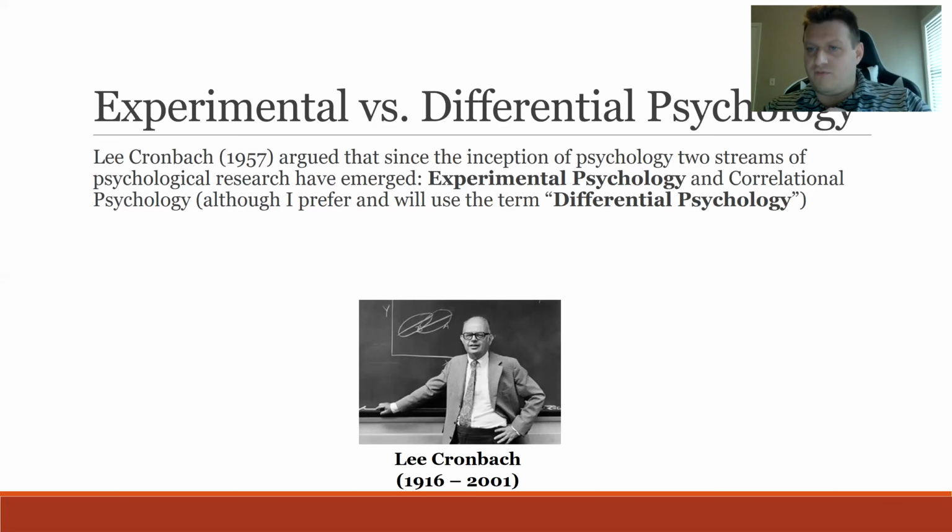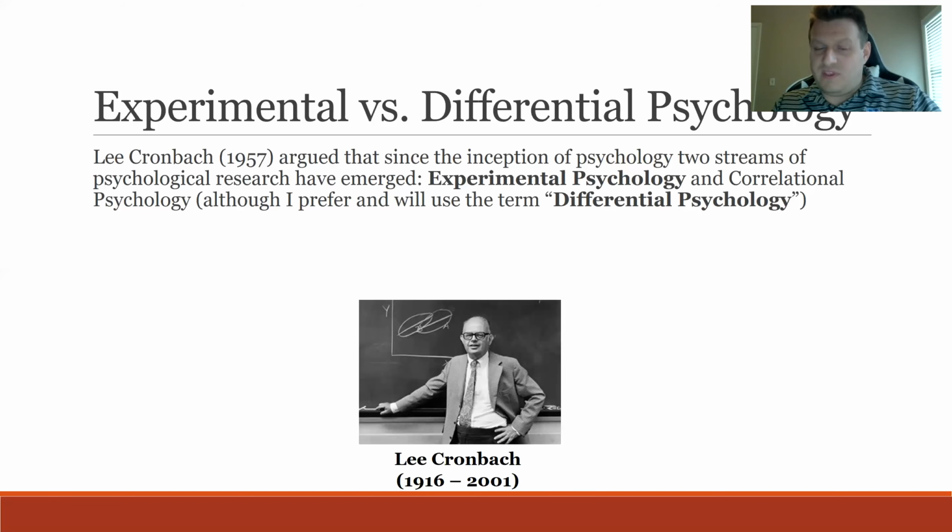And he was finding that in the early days of psychology, those two were combined. Everybody learned the same kinds of methodology. Everyone communicated with one another. But as psychology was growing, the two different disciplines became more fractionated. And he wanted to elaborate that this is a problem, and that to be well-versed in psychology, you have to know both about experimental methodologies, experimental results, and differential results and methodologies.